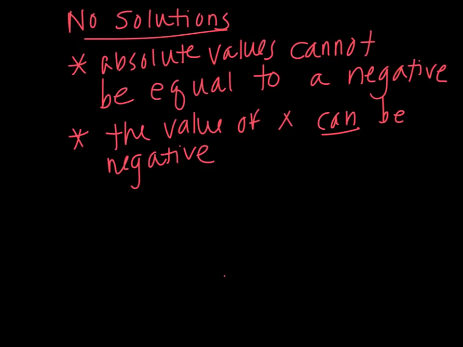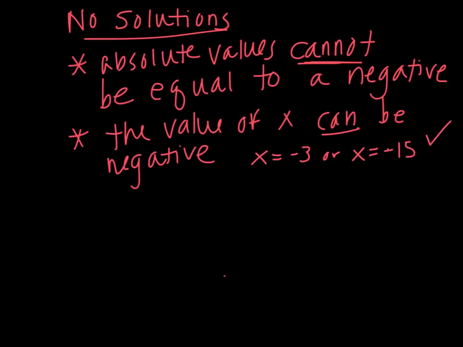Okay, so just like regular equations, some absolute value equations have no solutions. No solutions happen when an absolute value equals a negative. Absolute values cannot be equal to a negative. However, the value of x can be negative. Like in our last problem, we found that x equals negative 3 or x equals negative 15.